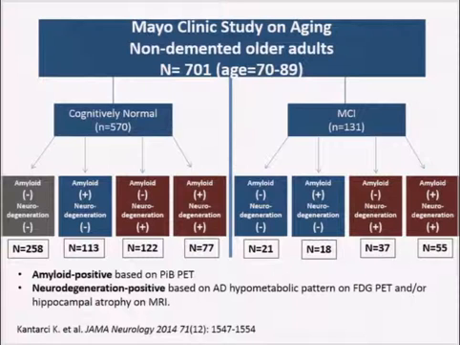Whereas in the amyloid negative or positive but neurodegeneration positive groups, so when there's gray matter neurodegeneration, we also see white matter changes. It doesn't matter whether they're amyloid positive or negative.